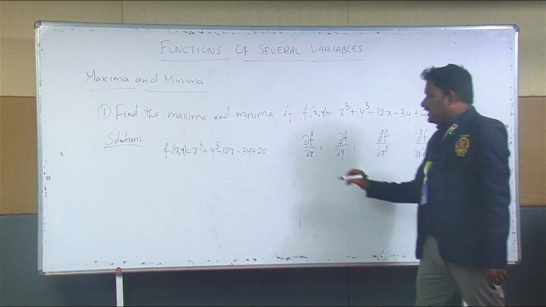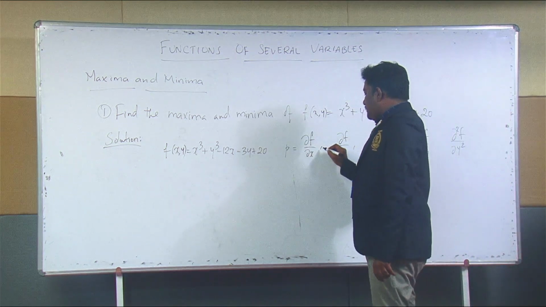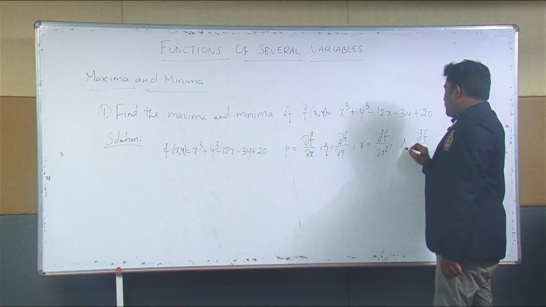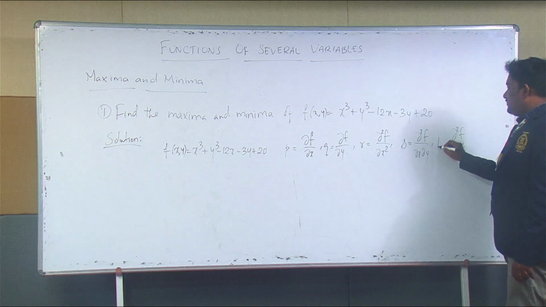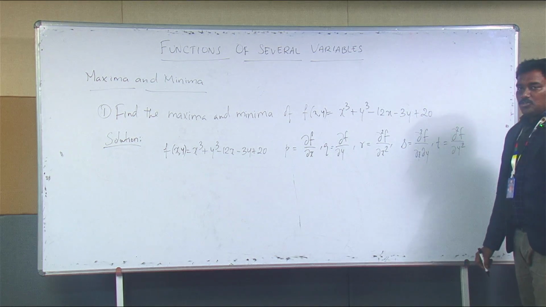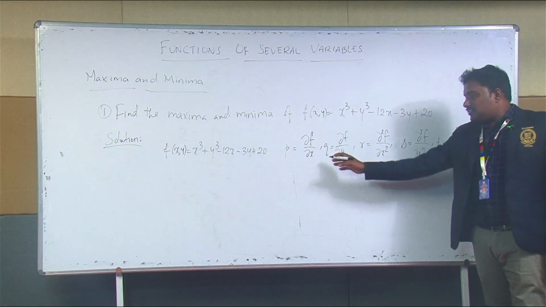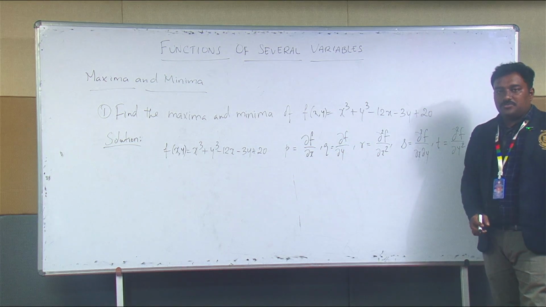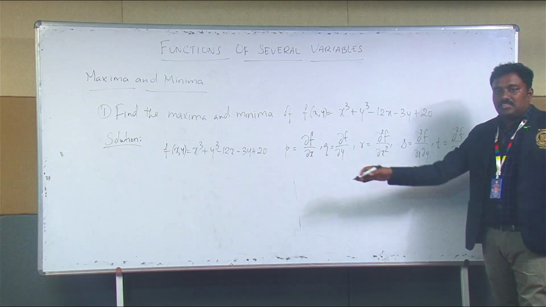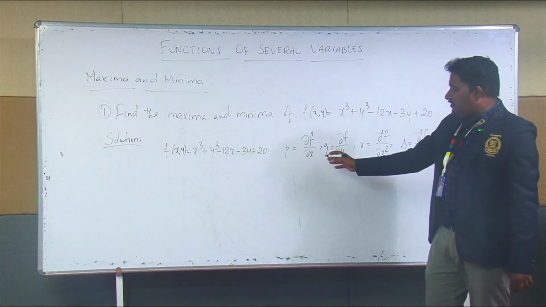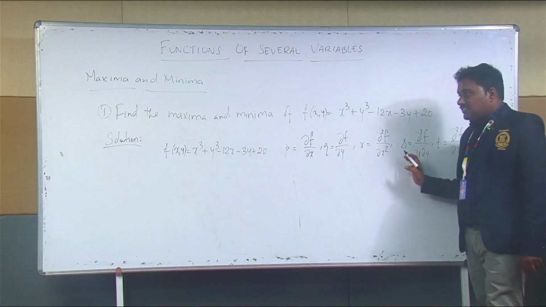We name them P, Q, R, S and T. These letters refer to the values of the first order and second order derivatives, because we are going to use them in our calculations. So we will find out the values of P, Q, R, S and T.